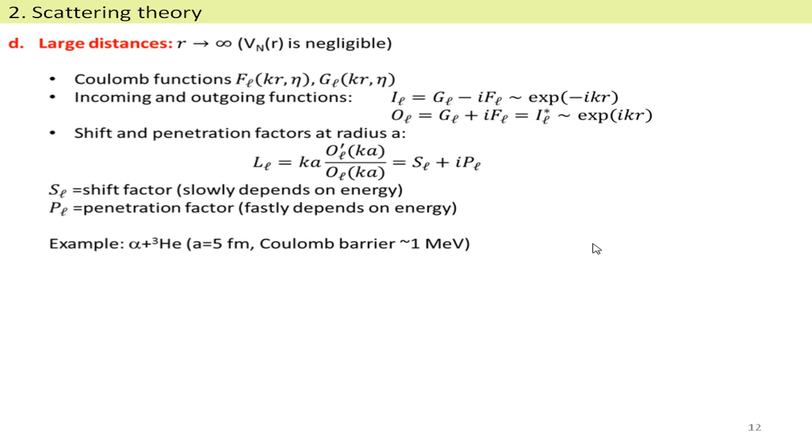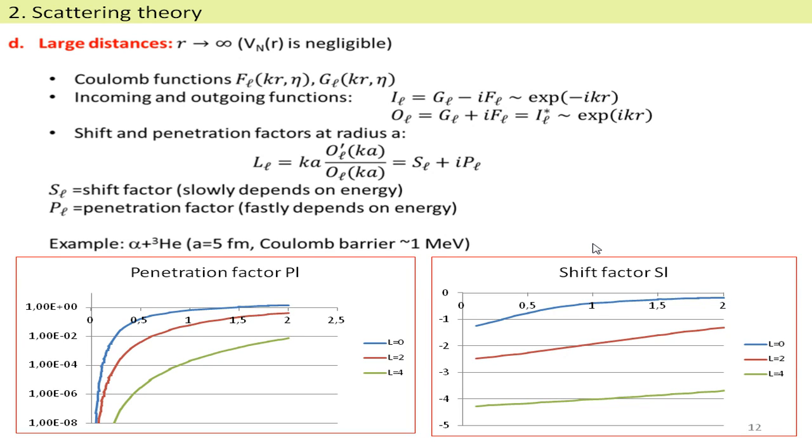I told you last time the notation S is used in many cases in nuclear physics, and here again it is completely different from spectroscopic factor or from the astrophysical S factor. And these are important quantities for the R matrix, and you have here an example for the penetration factor and the shift factor. This is done for alpha plus helium-3, where the Coulomb barrier is at about 1 MeV.